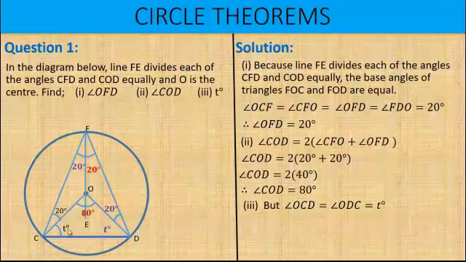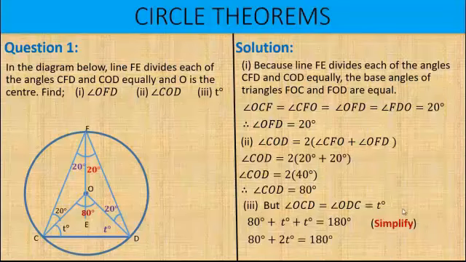But we know that the sum of interior angles of a triangle sum up to 180 degrees. So we must add all of them and equate it to 180 degrees. So that is 80 degrees plus t degrees plus t degrees equal to 180 degrees. Then we simplify to get 2t degrees equal to 180 degrees.